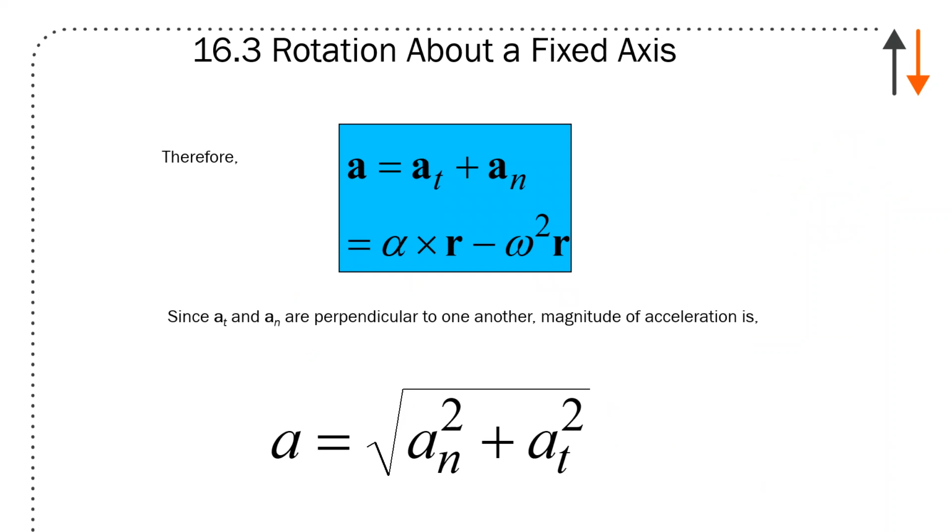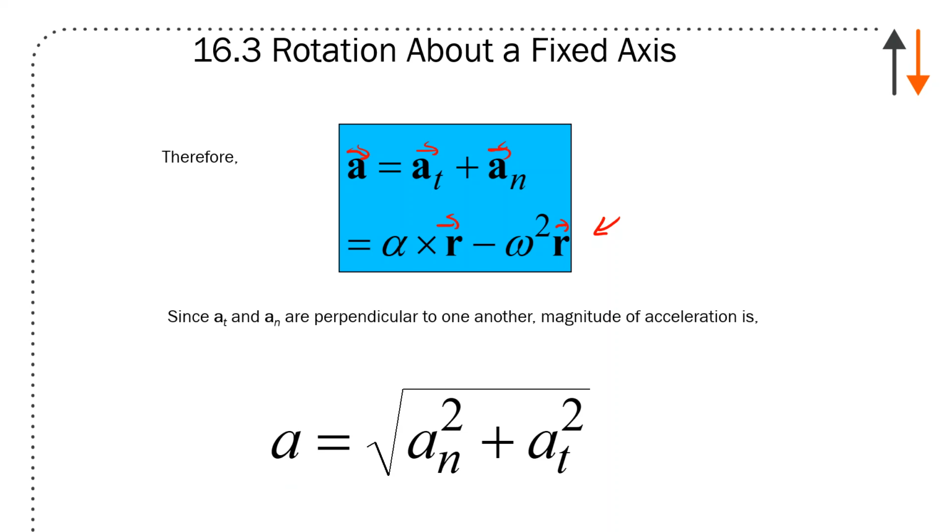So the expression I'm looking for in the end is that the acceleration is equal to the tangential acceleration plus the normal acceleration. If I solve through this term, treating it as planar motion, I always get minus omega squared r, and I get alpha cross r. So that's my governing equation, written again, since I use different notation every time.